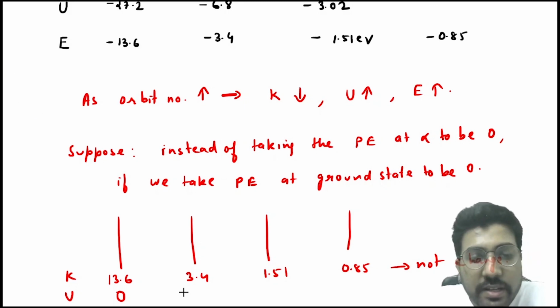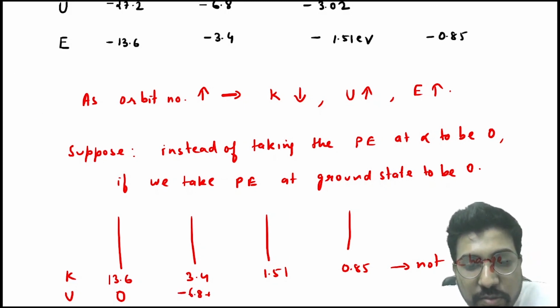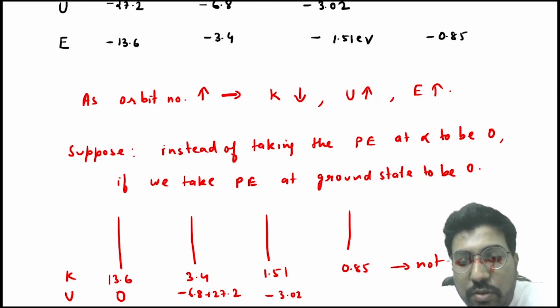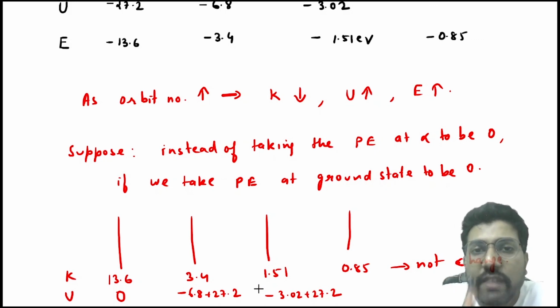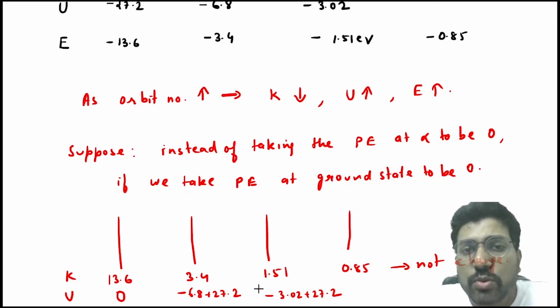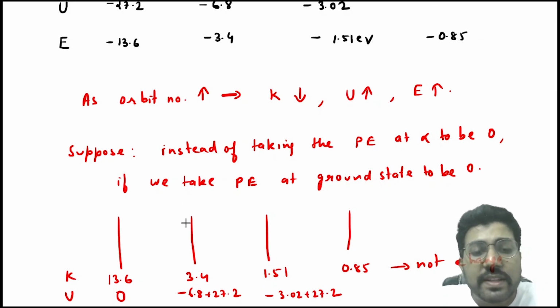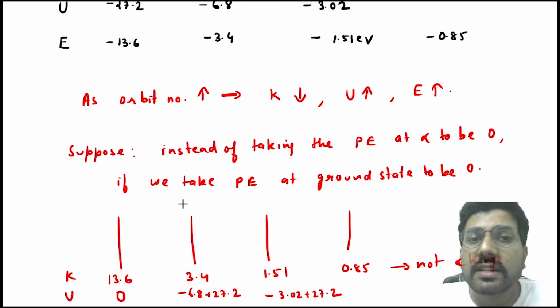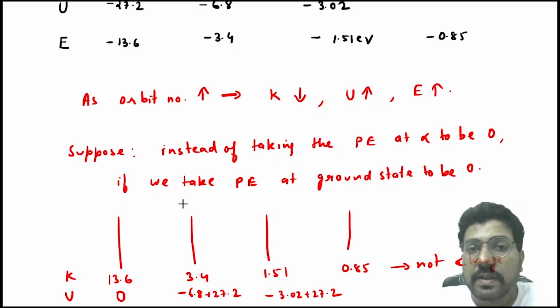So here it will become minus 6.8 plus 27.2. Here it will become minus 3.02 plus 27.2. So if you increase the potential energy of every orbit by 27.2, okay, then the difference still remains same. So the main thing that you must understand is that the difference should remain same.